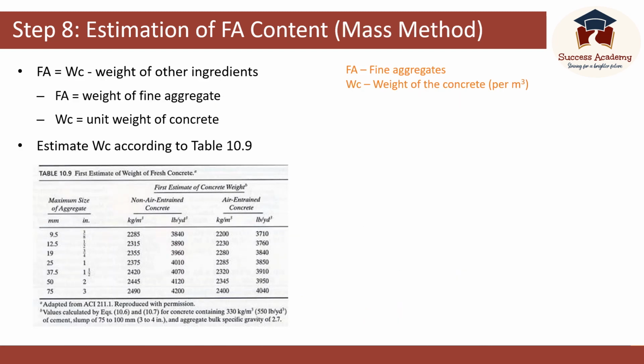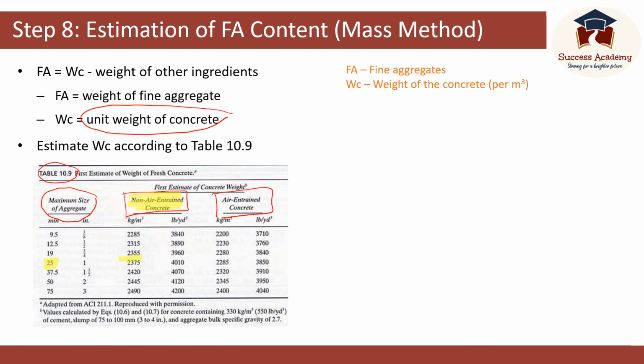To estimate the fine aggregate content using the mass method, we use the unit weight of fresh concrete. We can find the unit weight of fresh concrete in table 10.9 if we know the maximum size of aggregate, and whether we are making non-air entrained concrete or air entrained concrete. For example, let's take the maximum size of aggregate as 25 mm and we are making non-air entrained concrete.